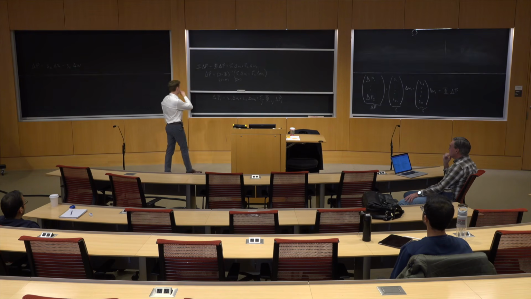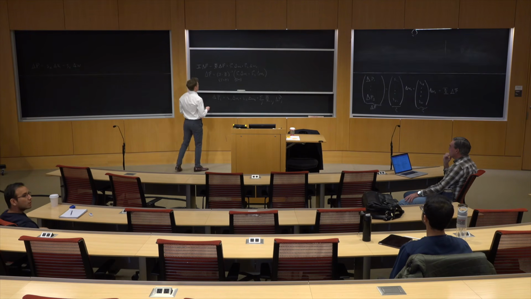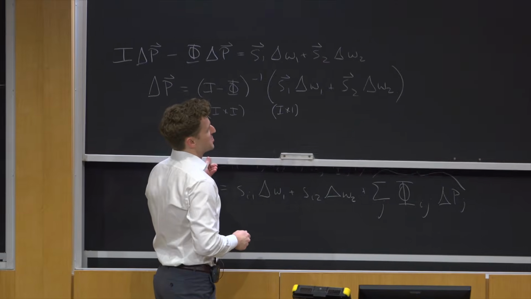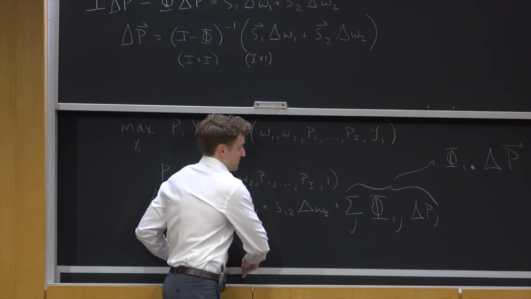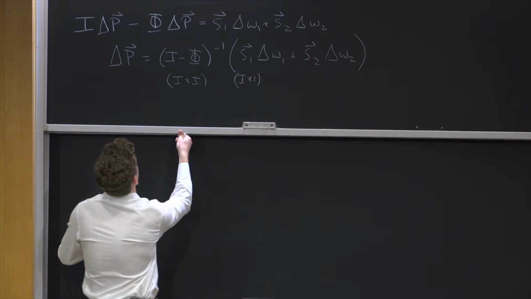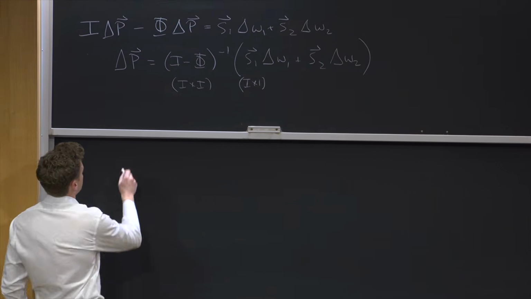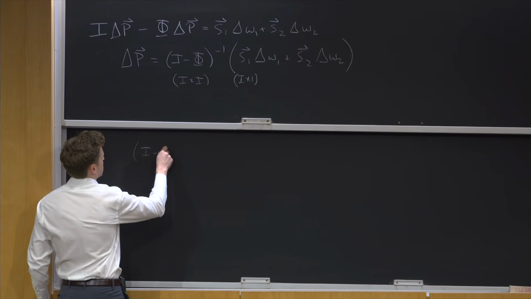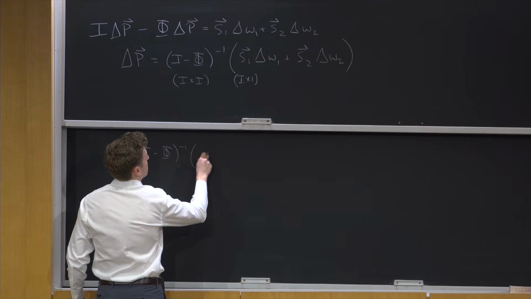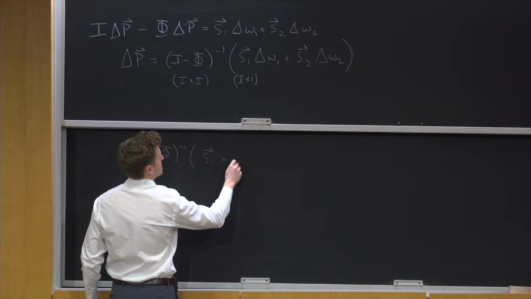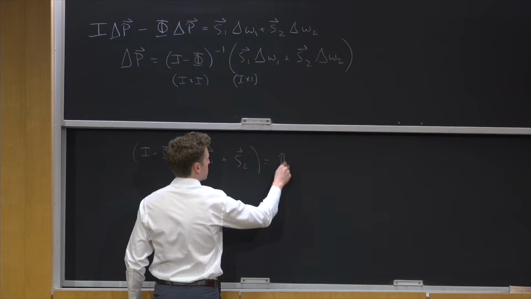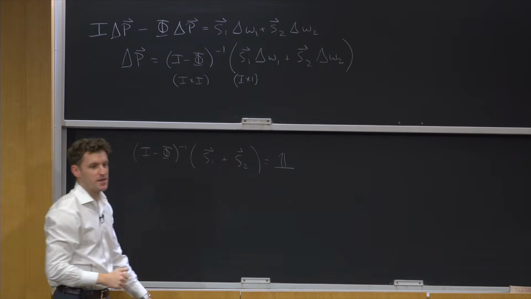Let's show that. And the easiest way to show that really is just to guess and check. Okay, so let's guess that I minus phi inverse S1 plus S2 equals 1, this is how I'll write my bold 1.